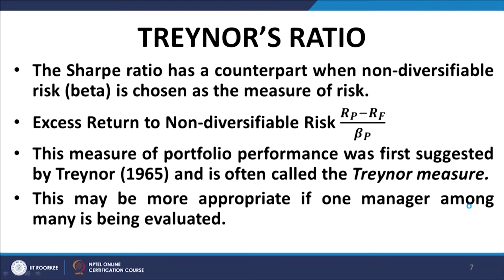Then the other approach that I mentioned just now is the Treynor approach, where the measure of risk is taken as the systematic risk, the beta risk, and then again we compute the ratio of the excess return per unit of beta risk.